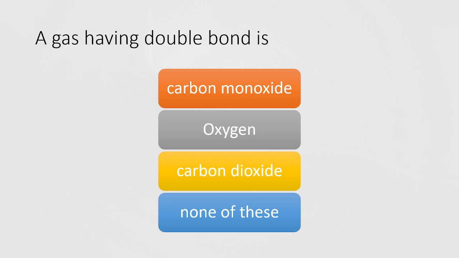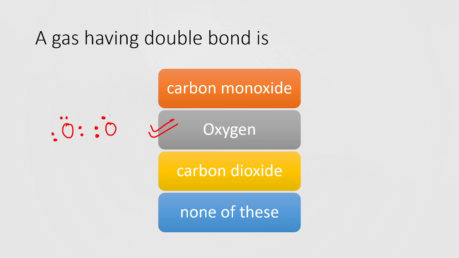Now, a gas having a double bond is, out of carbon monoxide, oxygen, carbon dioxide, or none of them, which one has a double bond? So the answer is oxygen. Oxygen has a double bond. One oxygen has 1, 2, 3, 4, 5, 6 electrons in the outermost shell.